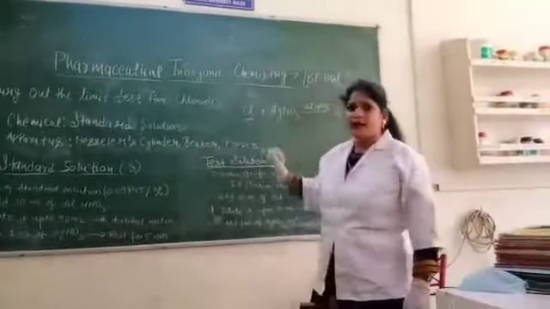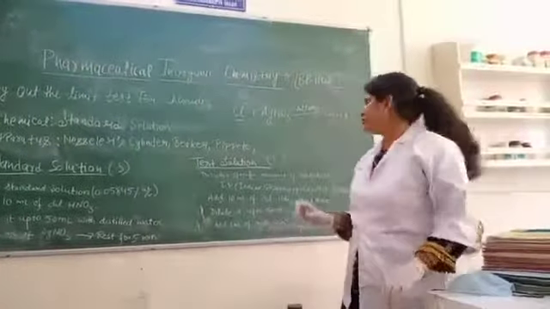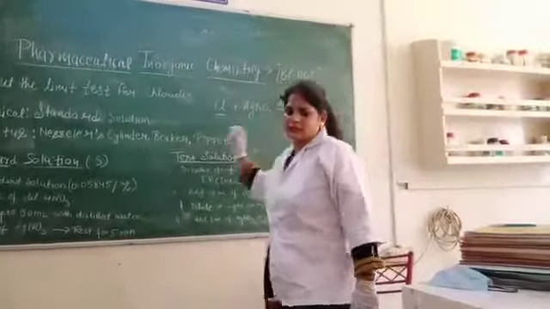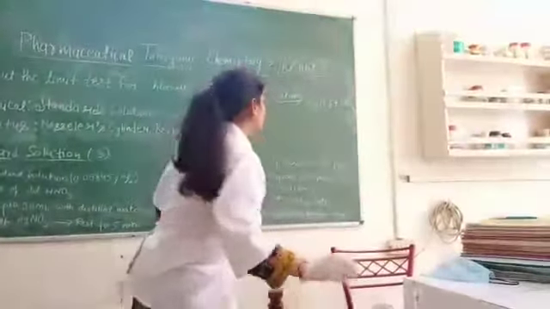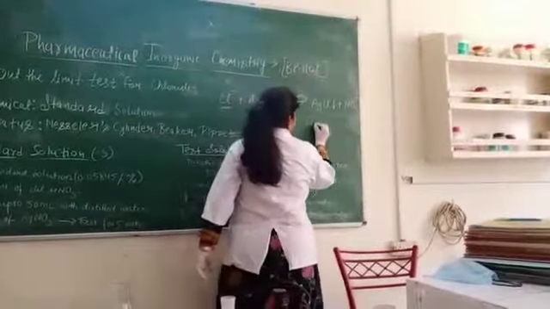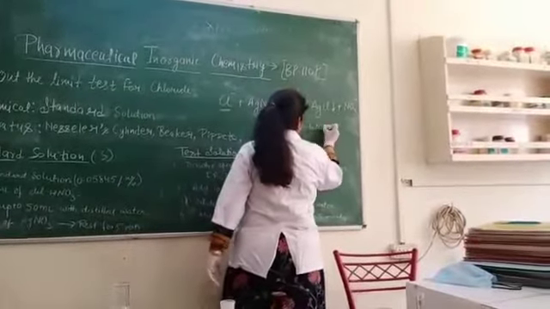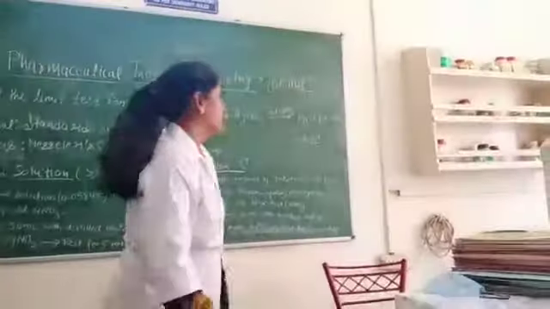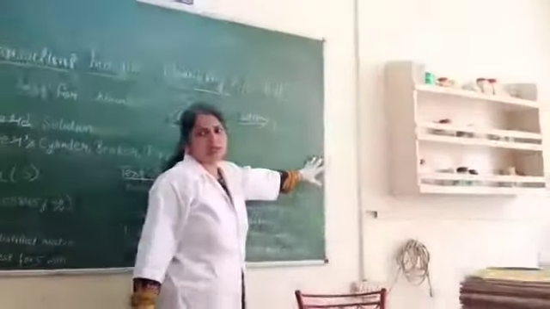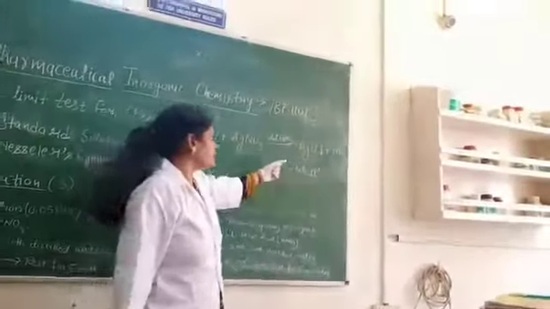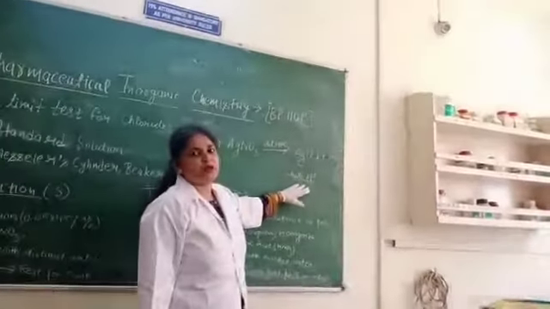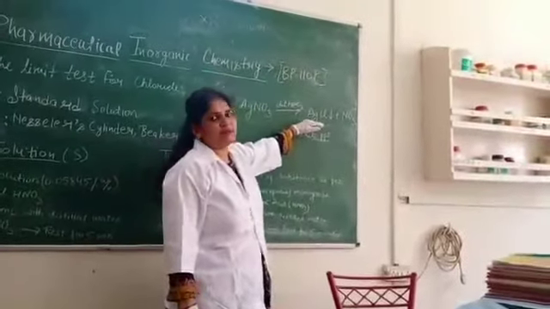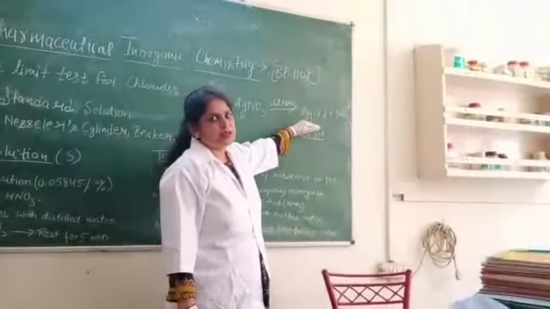The chloride ion in the sample will react with AgNO3 to form insoluble AgCl, or precipitates of silver chloride. Other substances are soluble in the solution. This AgCl precipitate, or the degree of opalescence, describes the amount of chloride present in the solution.